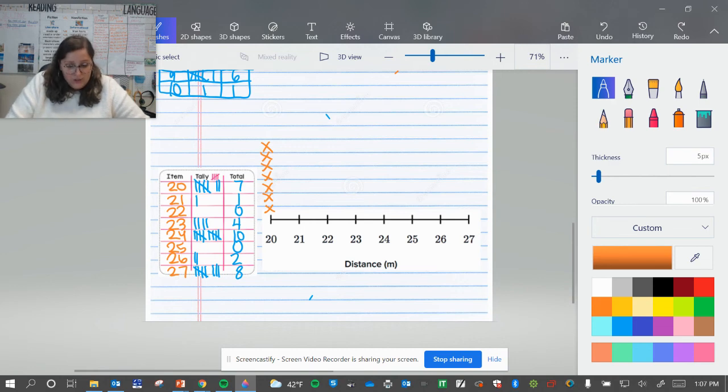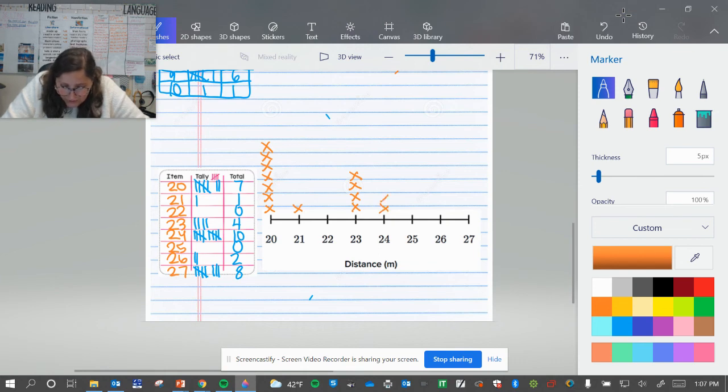We had 1 student run 21, so I'm going to do 1 X. Same size as this guy. It should be in line. Nobody for 22. 4 on 23. 1, 2, 3, 4. See how it's in line with that 4th one? I'm sorry, I skipped 24. 10 on 24.